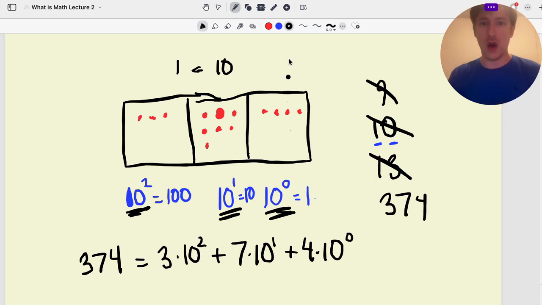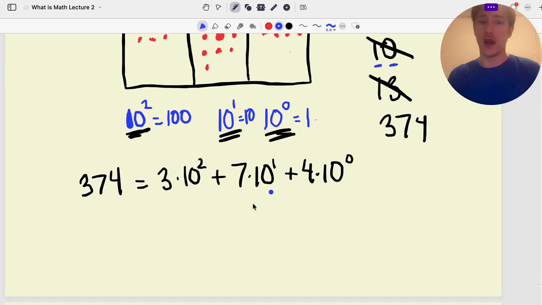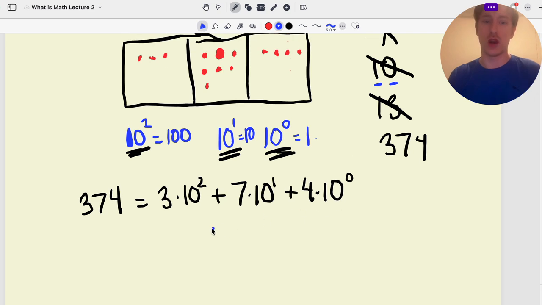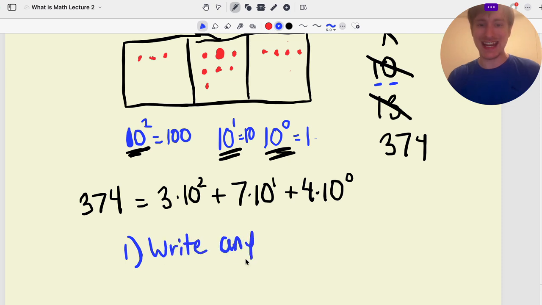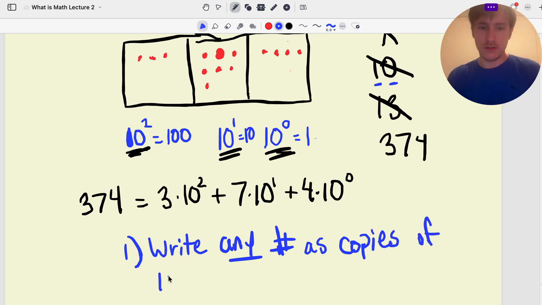So let me just point out a couple of observations about this, okay? Representing this number in that way, I have a couple of key observations that I want to make. Number one is I can write any number that you can think of as some number of copies of 10 to the 0, 10 to the first, 10 squared, and so on and so forth.